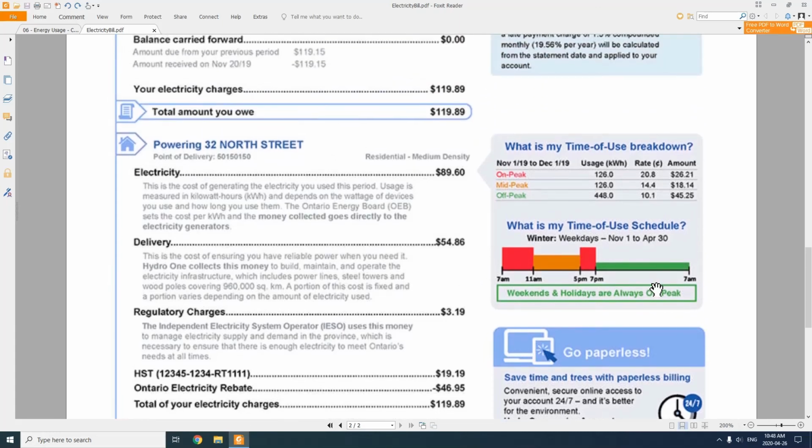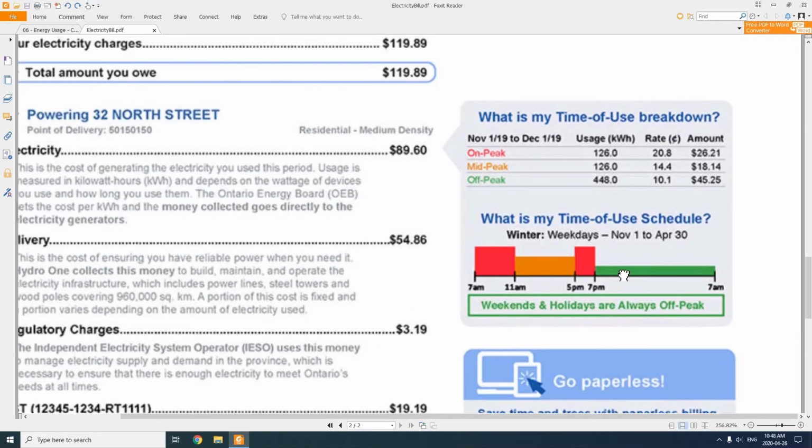All right, now the main part I want to look at here is the time of use. What you'll notice here is they actually charge different prices for electricity depending on when you use it. And the goal with that is to try and stop everybody from using power at the same time. Most people, if they come home in the evening, are maybe cooking their supper between 5 and 6 o'clock.